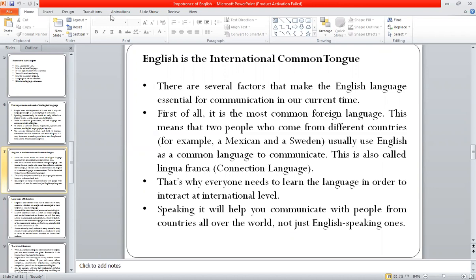That's why this is known to be the international common tongue. That is the medium through which people from two different countries can start or initiate their communication. That's why this language is also known to be the international common tongue.